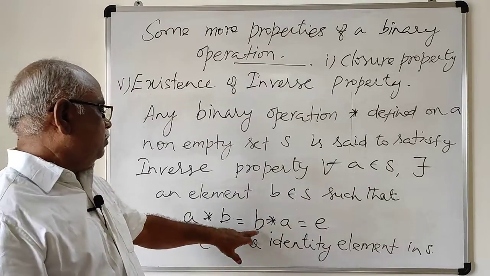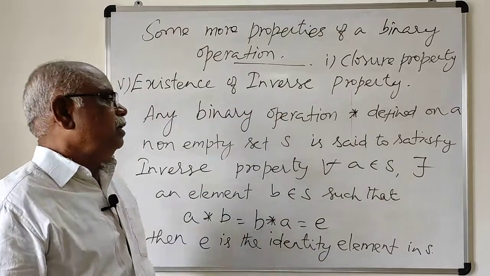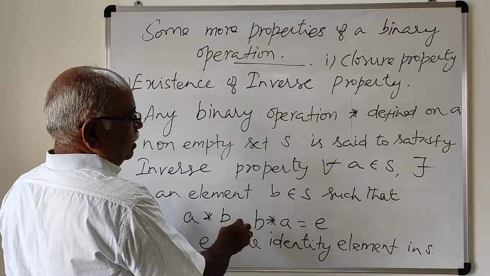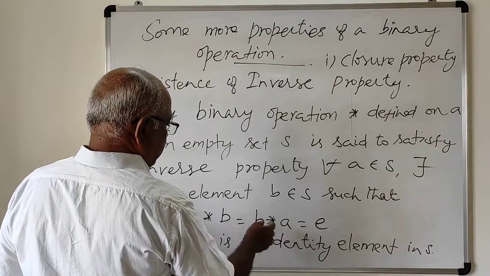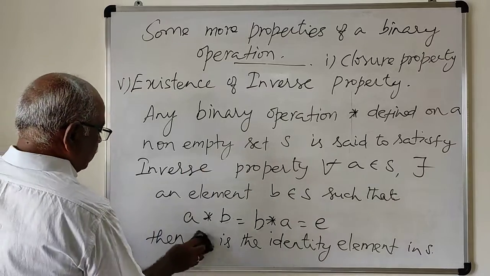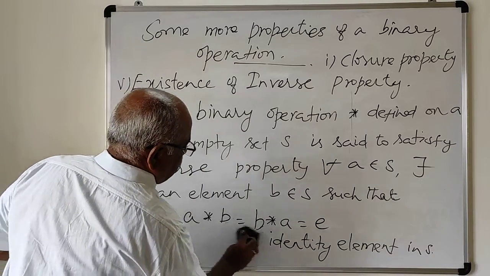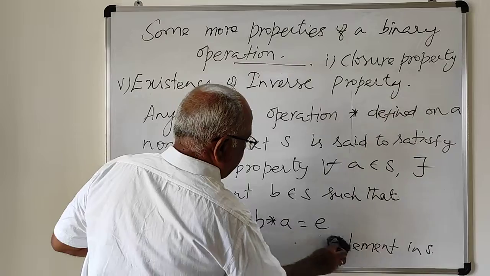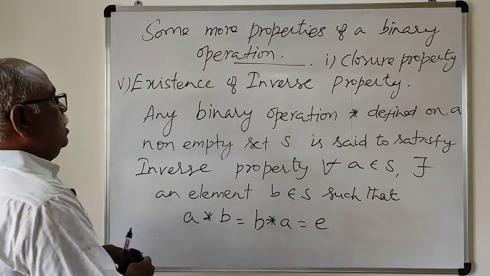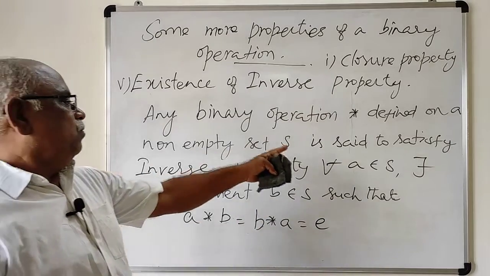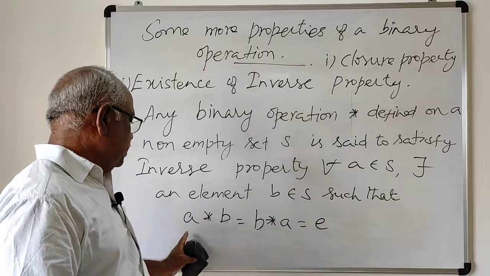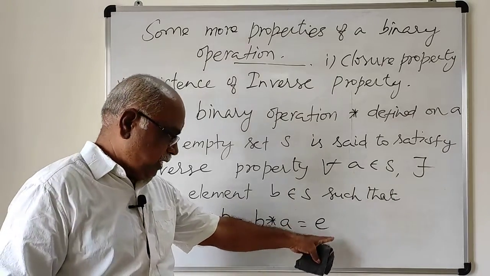a star b equals b star a equals the identity element. If we operate an element with some other element and get the identity element, then that element b is the inverse element of a. The inverse property means for every a belonging to S, there exists an element b belonging to S such that a star b equals b star a equals e.